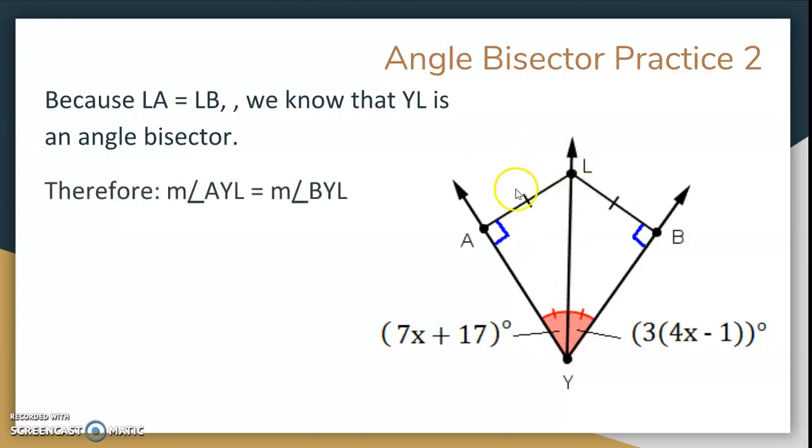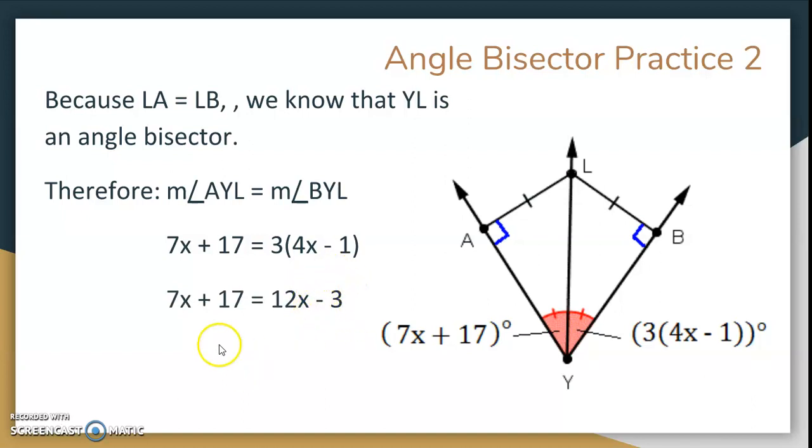Therefore, I know the two angles at the bottom, AYL and BYL, are congruent, and I can substitute their values in. Using the distributive property here, I recognize that 7x plus 17 would have to equal 12x minus 3.